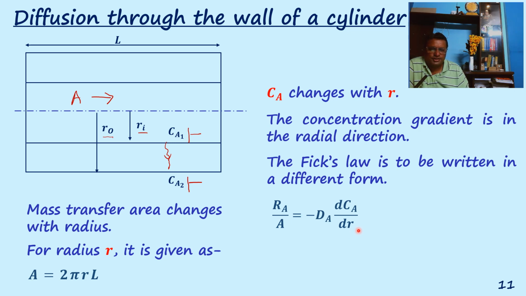And if you use the area, which is 2 pi rL, for any radius r, then the equation will be Ra upon 2 pi rL is equal to minus DA dCA by dr. Now let us continue with this equation next.